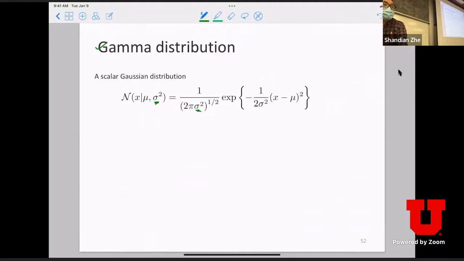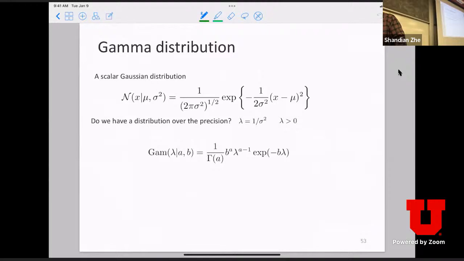So the question is, what if I want to assign a prior over the inverse of the variance, namely the precision? What kind of proper distribution is there for that?